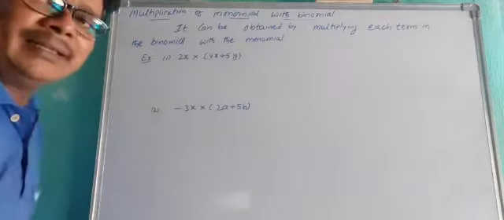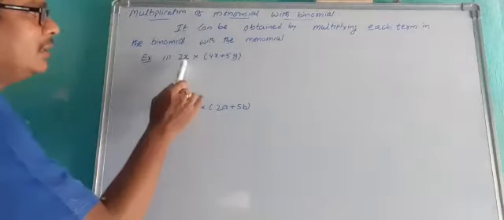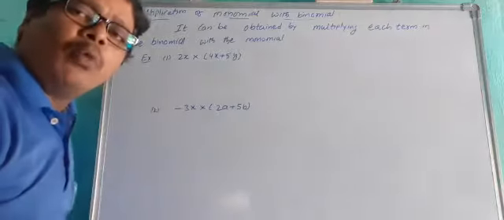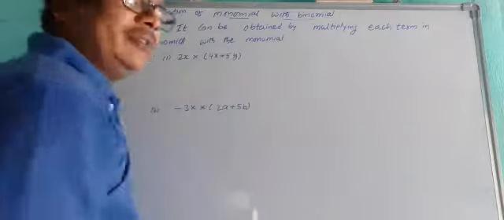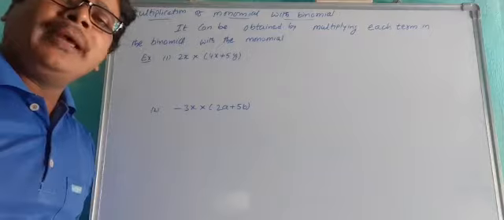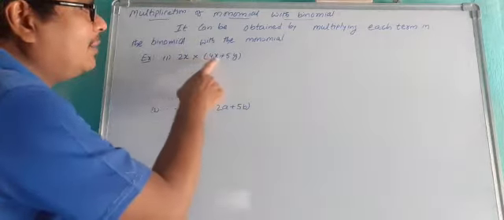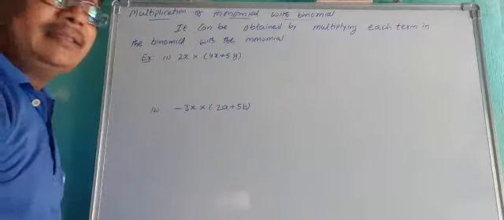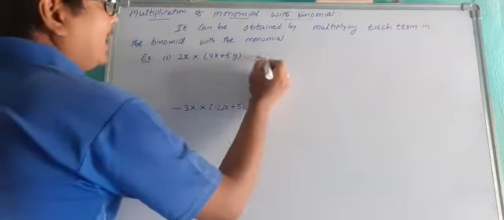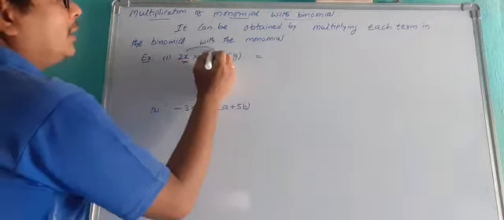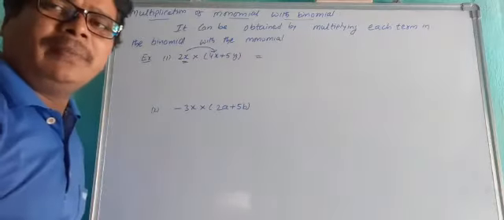Let us consider these examples. 2x is the monomial, 4x plus 5y is the binomial. Now, how to multiply this monomial with the binomial? Very simple. We have to multiply this monomial into each and every term of the binomial.